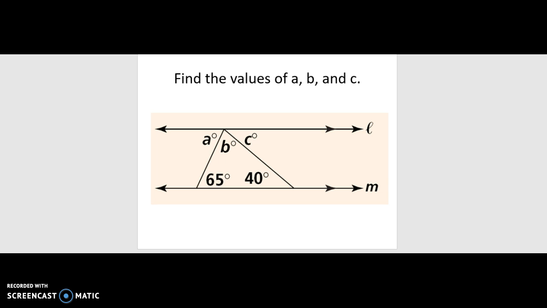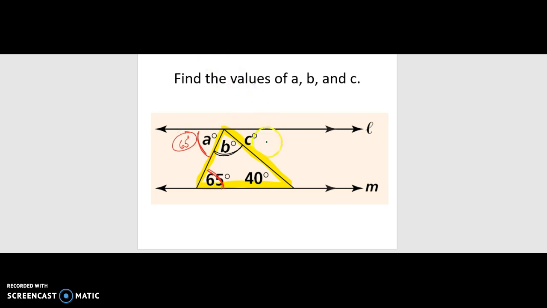Now this one here, right away if I look at this, I can find different angles. Now some people might find angle B first using this triangle, and I'm okay with that, right? But what I want you guys to see is right away if I look at angle A in this 65-degree angle, aren't they alternate interior angles, which is going to make this 65 degrees.